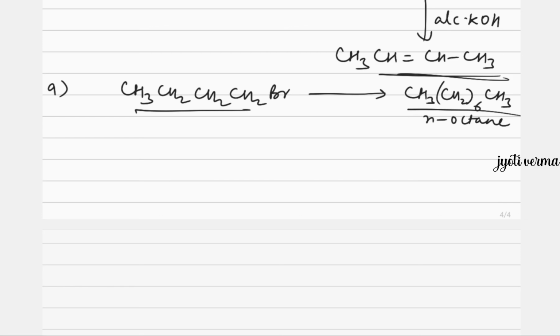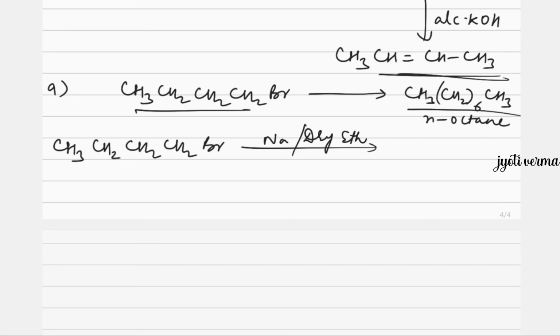So it should be Wurtz reaction, nothing else. We can react CH3CH2CH2CH2Br with sodium metal in presence of dry ether. The number of carbon atoms will exactly be doubled, 4 becomes 8, and we are getting n-octane here.